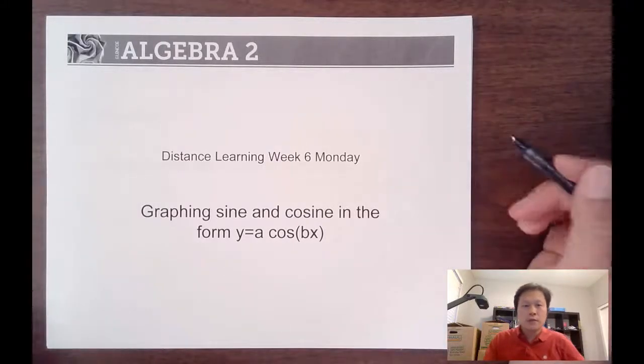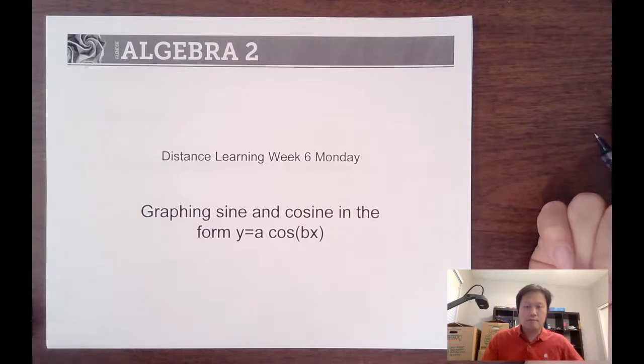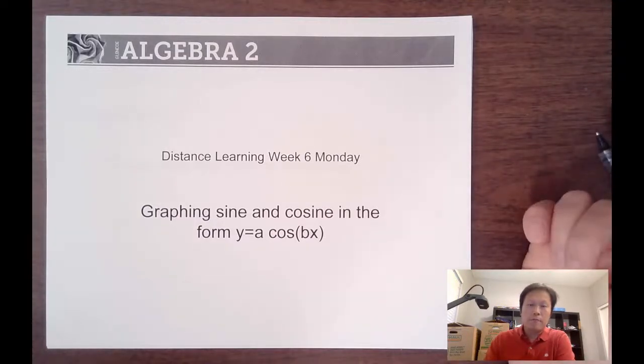Hi everyone. Today's lesson is graphing sine and cosine functions with period other than 2 pi. So the period will be a different value and the b value won't be 1 anymore.